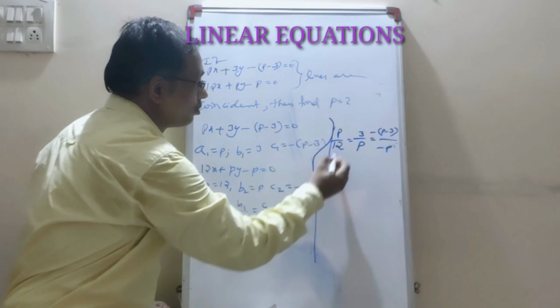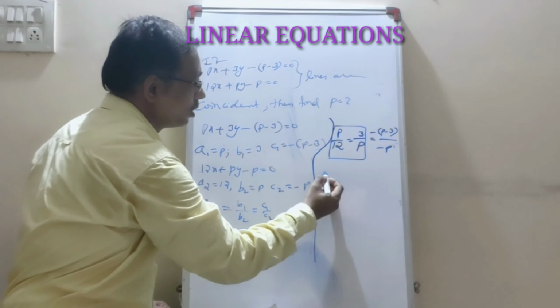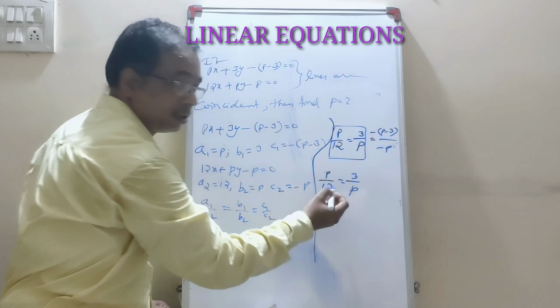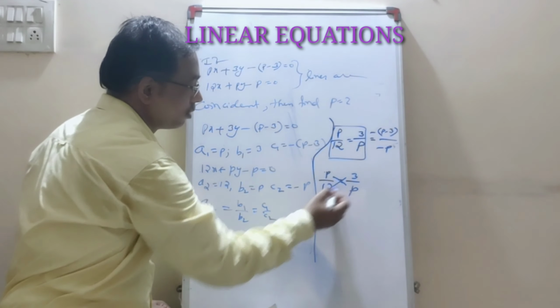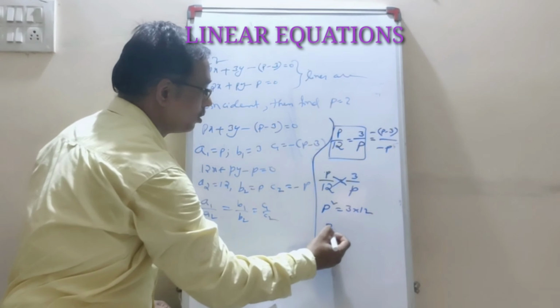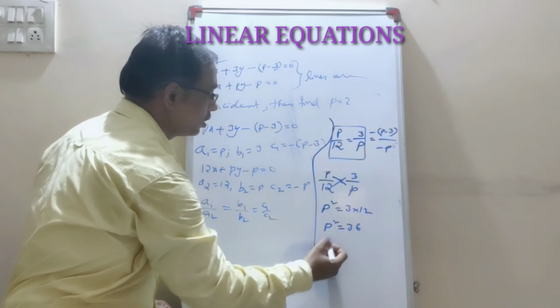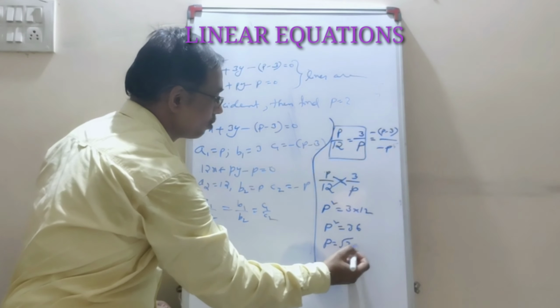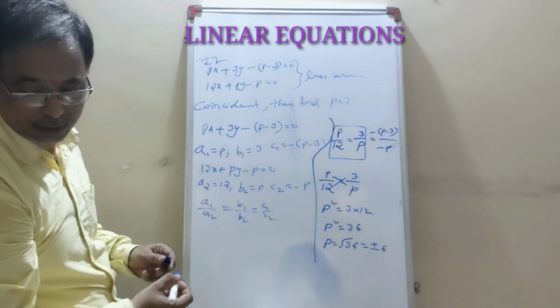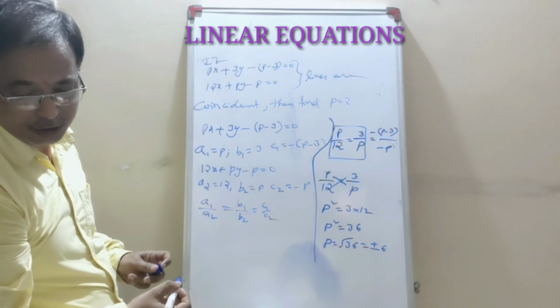So it's enough to take the first two ratios. So p by 12 equal to 3 by p, equate the first two ratios, and we get p into p, p square is equal to 3 into 12, p square is equal to 36, p is equal to plus or minus 6. So like that we can get the values, plus or minus 6.